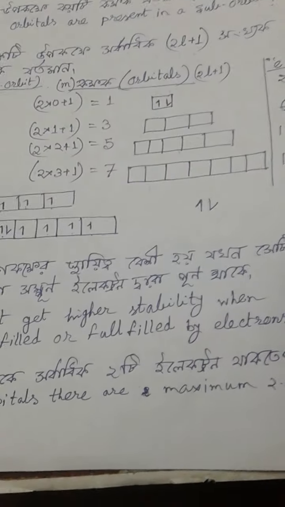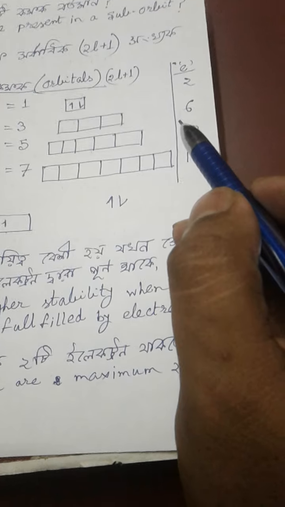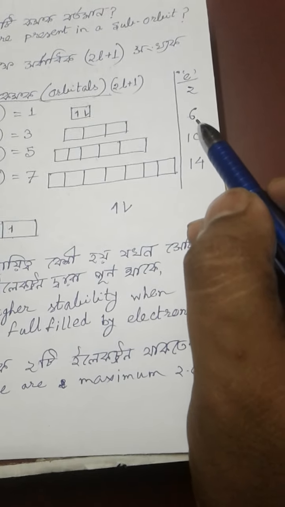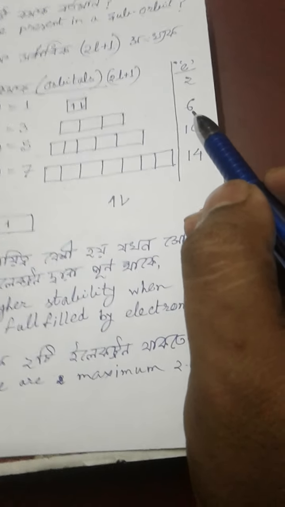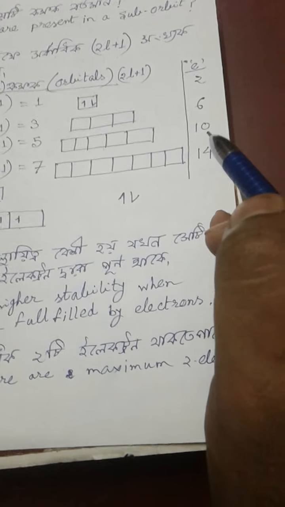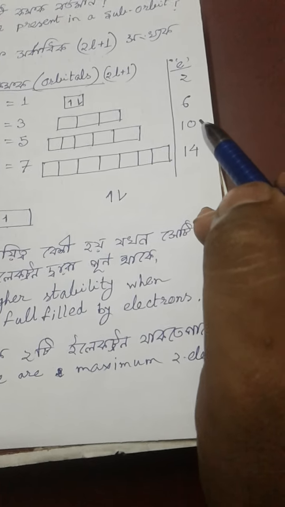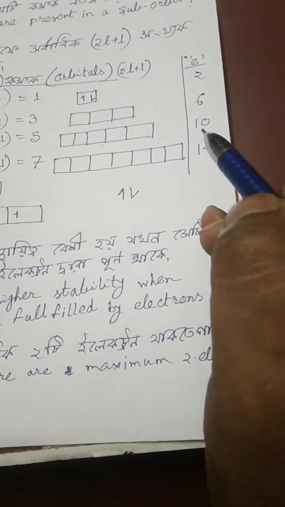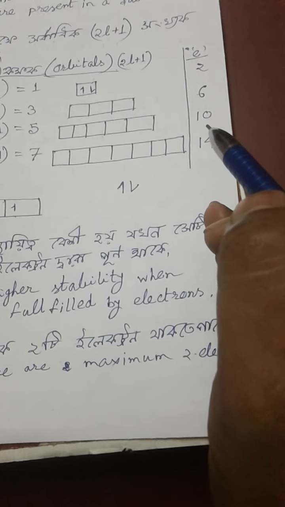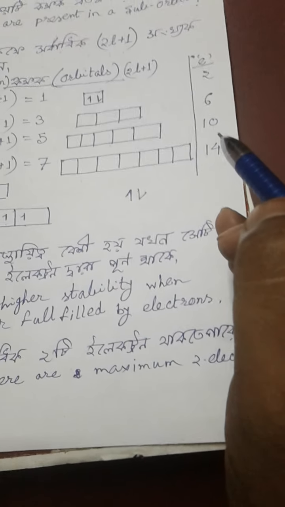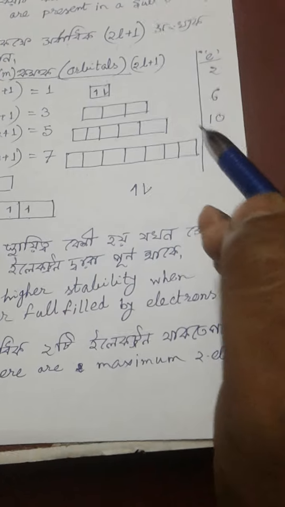For p, when it has 6 electrons or when it has 3 electrons, that is full filled or half filled, it gets maximum stability. For d, when it has 10 electrons, that is full filled, and when it has 5 electrons, that is half filled, it gets maximum stability.